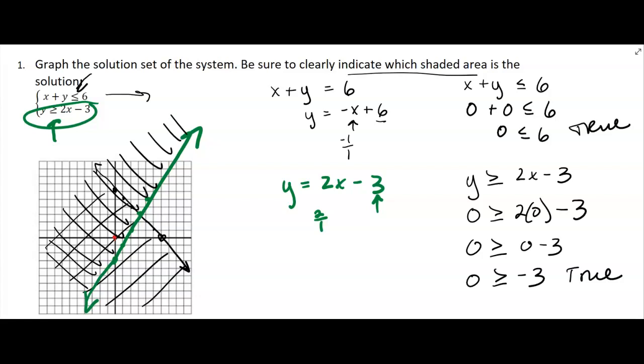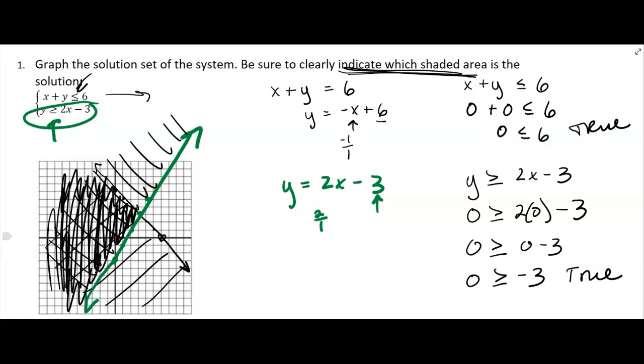Now, what happens sometimes on the graphs, though, is students don't clearly mark which shaded area it is. We need where it's both the black line and the green line, where that section is. And that section is right in here. So you're going to have to color that in, somehow indicate it.